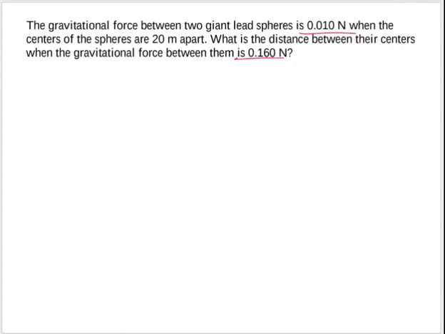So take the new gravitational force, 0.160 newtons, divide by the original gravitational force, 0.010 newtons. We're going to get this ratio. This is creating a scale factor. How much was the gravitational force scaled up? 16 times.